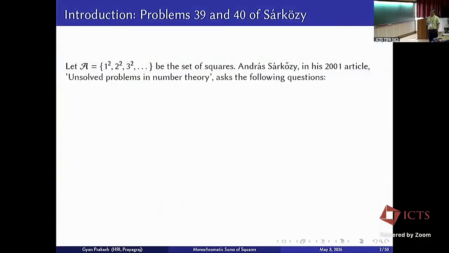So the problem was raised by Sarkozy in 2001.